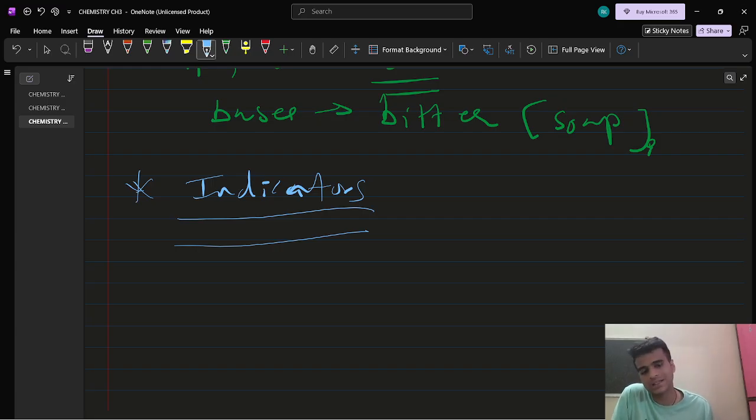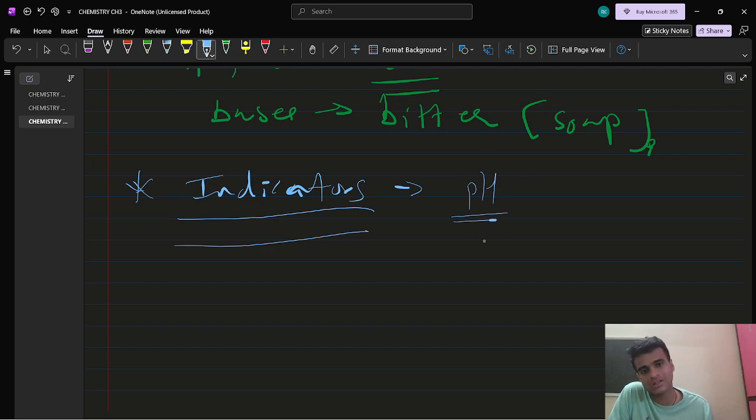Like suppose मैं acidic medium में डालूंगा तो वो जो substance डाला है उसका color change हो जाता है. So they act as an indicator to show whether the medium is acidic or basic. They are mainly organic substances. So they determine the pH of a substance.